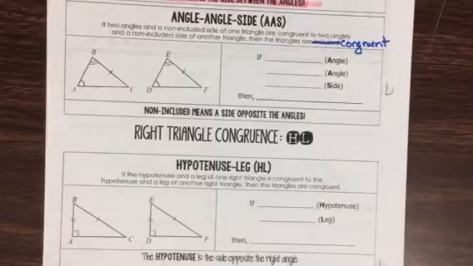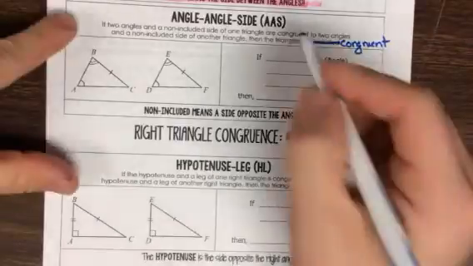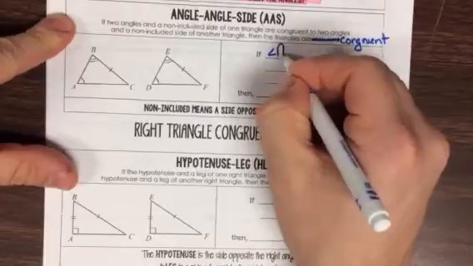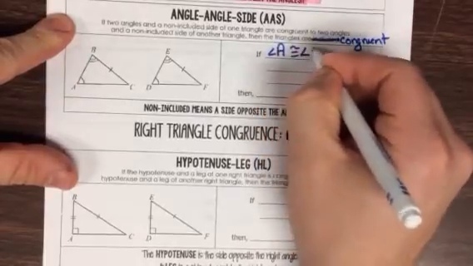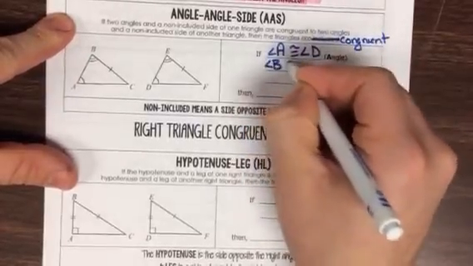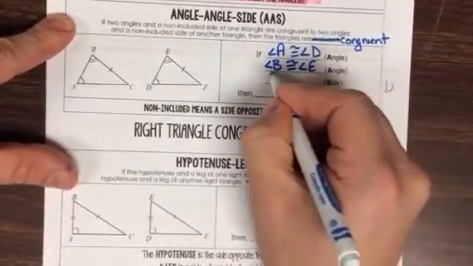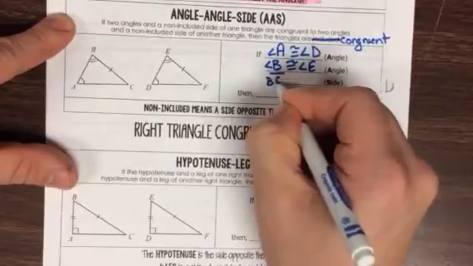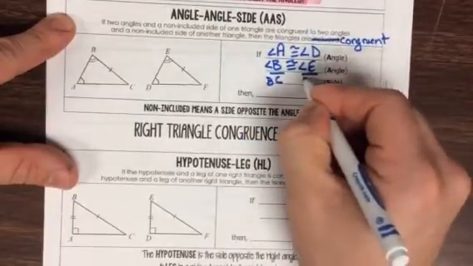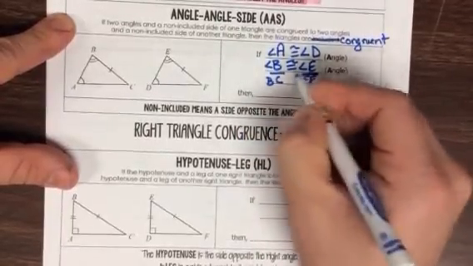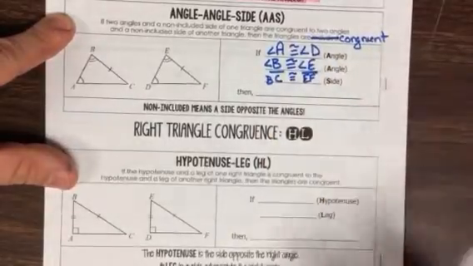Okay, so let's look at it. Two angles: I know angle A and angle D. I know angle B and angle E. And I know the segment BC and the segment EF. This is the special case.